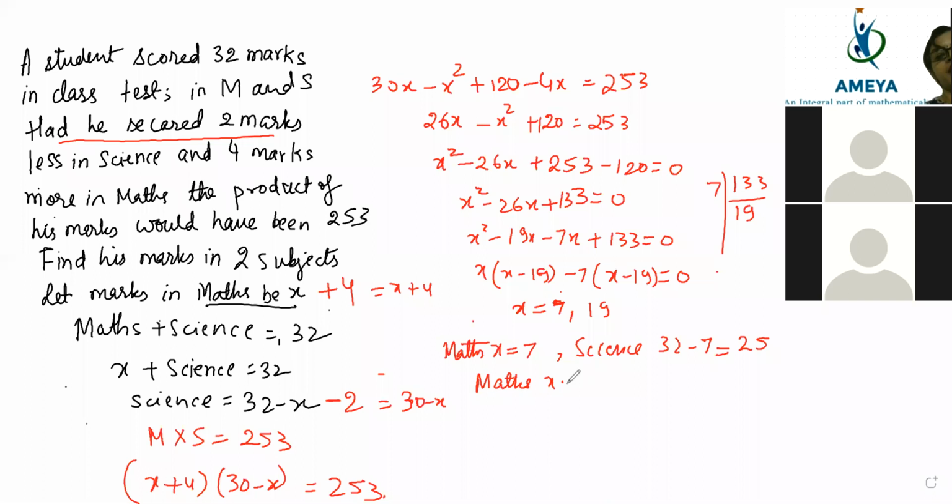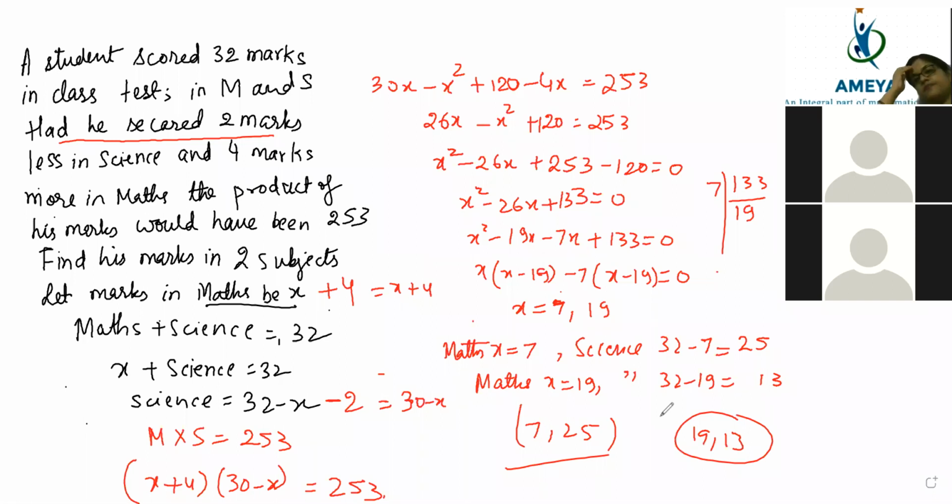Math score is 19. Science score is 32 minus 19. So one time score tally is 7 and 25. Second time 19 and 13. Kritika is telling she is also getting the same answer. Very good, beta. So now let's solve another question.